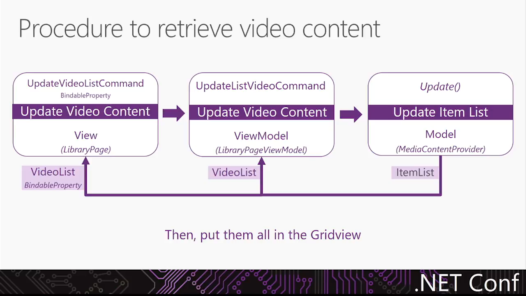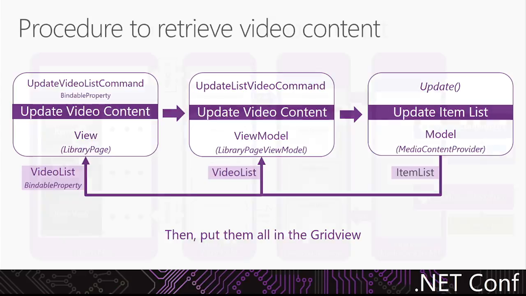In the model, we'll retrieve video content from the platform and save it into the item list at the bottom. Then the item list will be referred to by the view model as the video list. When the video list is assigned, the view knows that the video list property has changed. In doing so, it will update the grid view. So we have all the video lists from the platform, then put them all in the grid view. That's basically what it does.